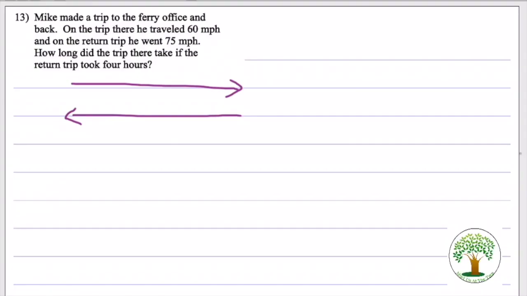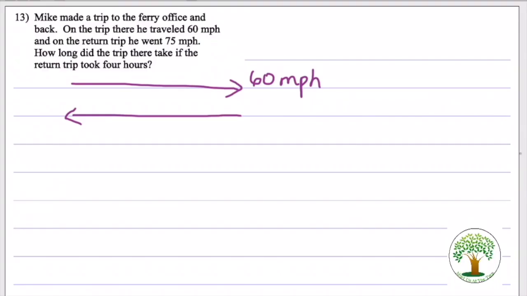Okay. So on the trip there, I'm going to call the top one there, I'm going to write 60 miles per hour. This is the way I fill out a little bit of a chart, but he went 60 miles an hour. And on the return trip, he did 75 miles an hour. So where do you think I'm going to write that one? Right underneath.